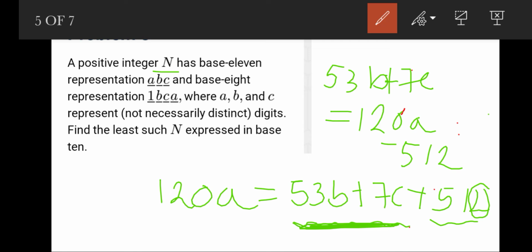So we should get 120a equal to 53 times 1 plus 7 times 5 plus 512.